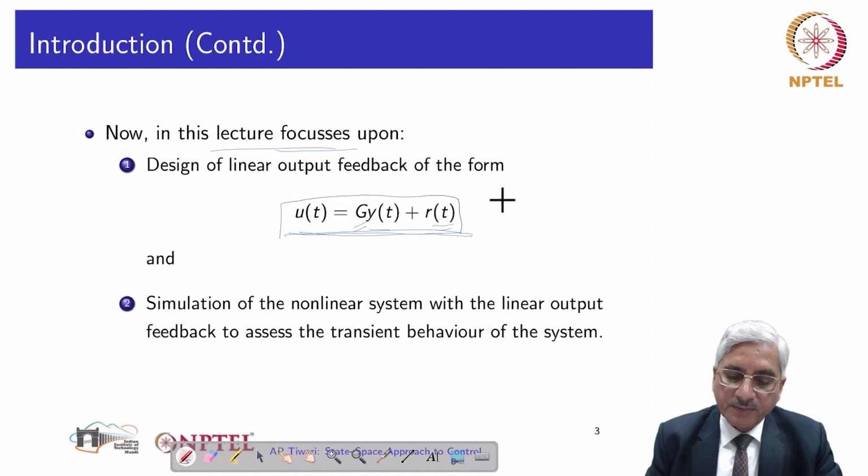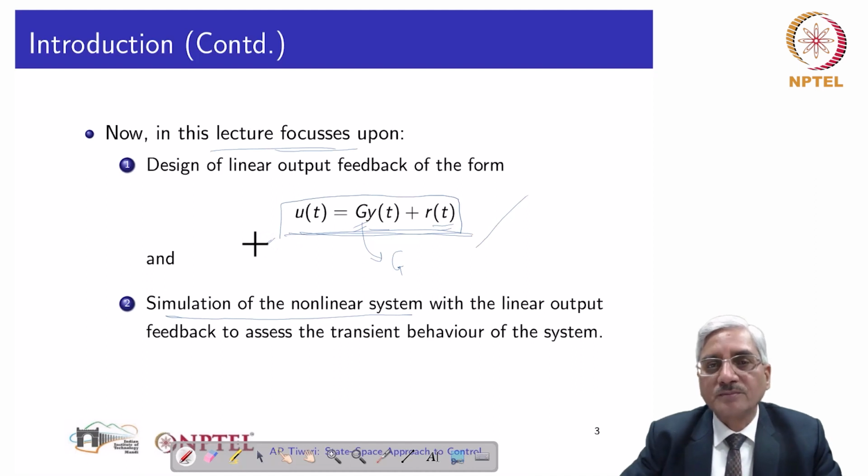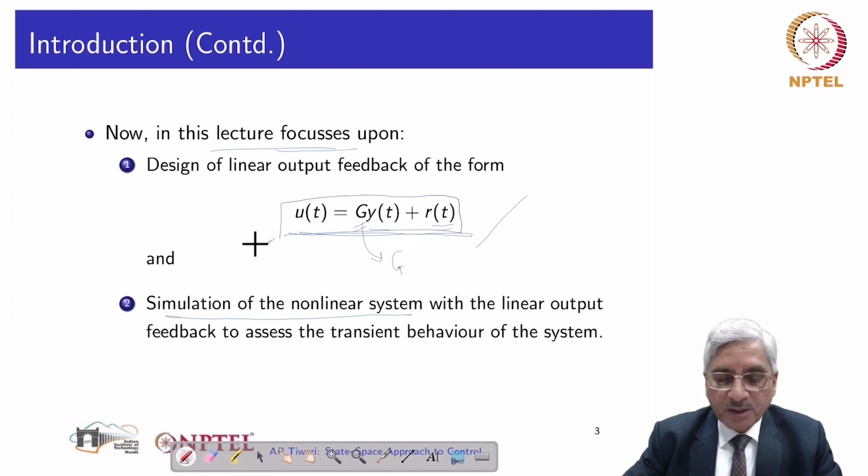We will design G, we will obtain a G here, and then we will simulate the nonlinear system with this control just to see whether the closed loop system with this linear output feedback control, the nonlinear system, has stability and good transient response characteristics. We will simulate and find out.